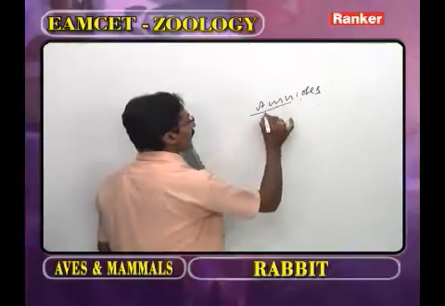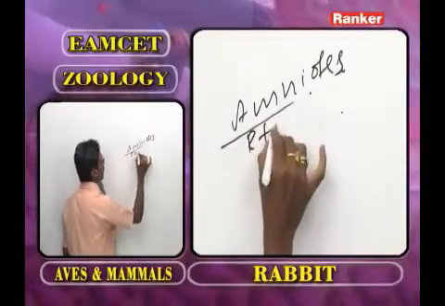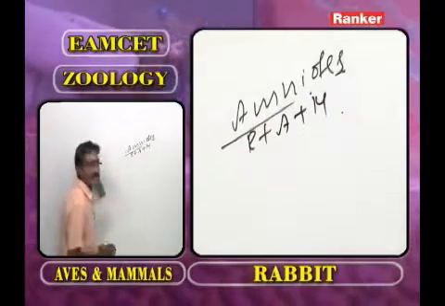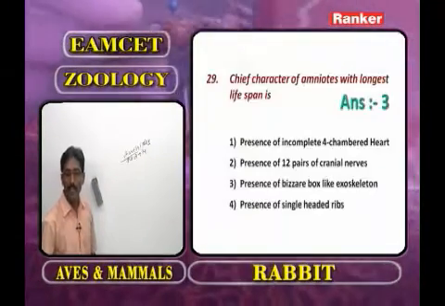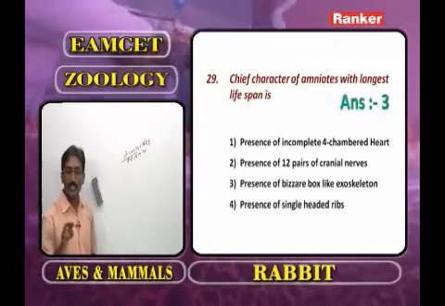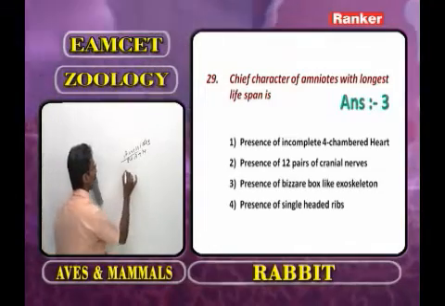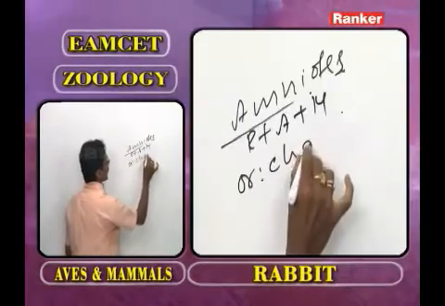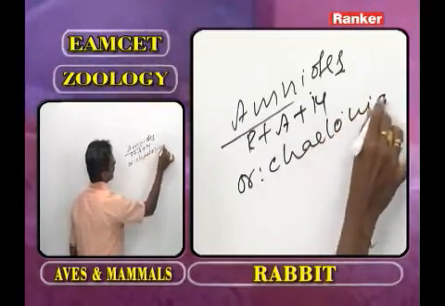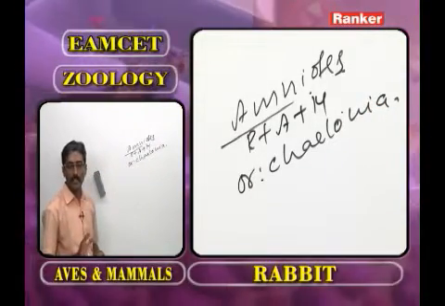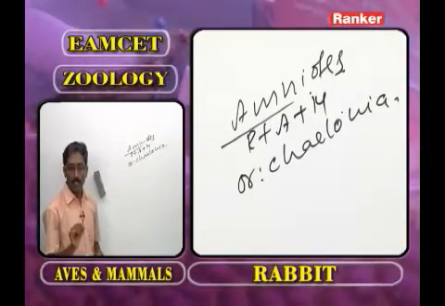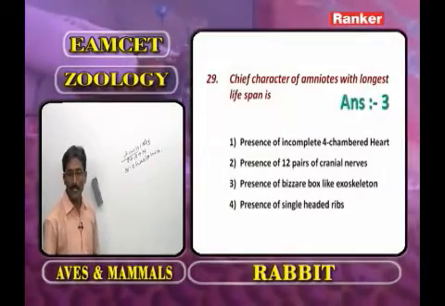We know very well they are reptiles, aves, mammals. But here what is the question? Chief character of amniotes with longest lifespan, that is the order Chelonia. The Chelonia members have the longest lifespan.